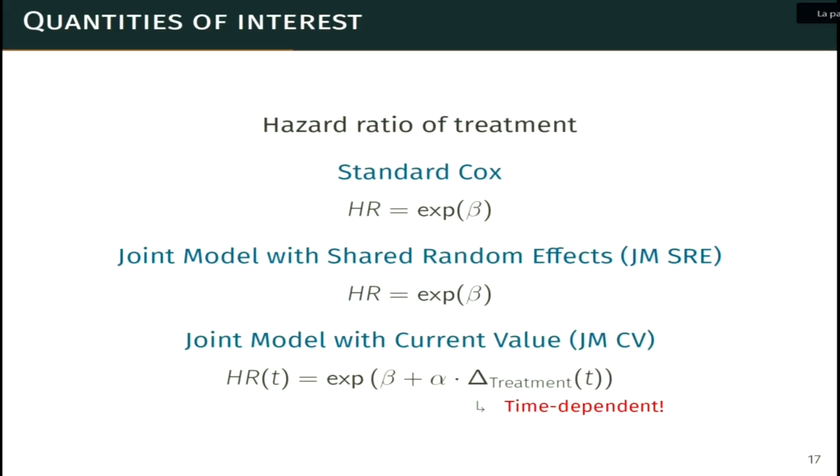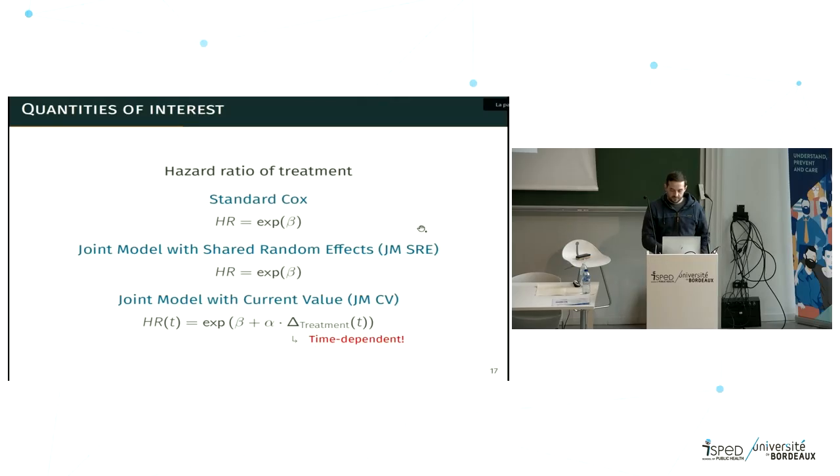The last one, because we have different trajectories conditional on treatment, there is a delta, a difference between the two treatment lines in terms of tumor size. And this is taken into account in my survival model. So I end up with something time-dependent, the difference over time in tumor size between the two groups. And I end up with a time-dependent hazard ratio, because I have a time-dependent component.